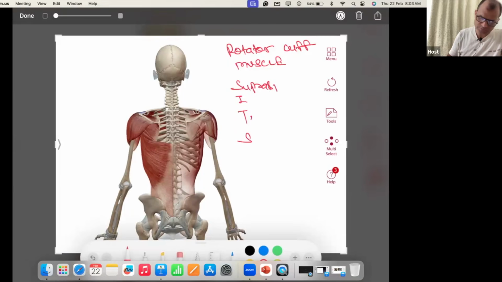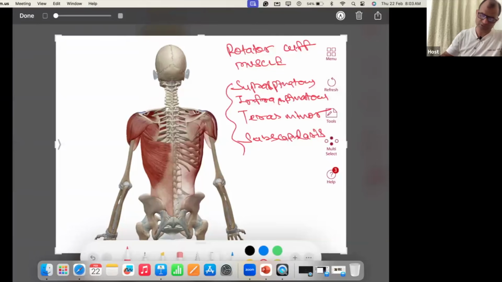Supraspinatus, infraspinatus, teres minor and subscapularis. ये पहली चार मसल, ये चार मसल को मिला के कहते हैं रोटेटर कफ मसल. They provide stability. Other than these there are more muscles I will discuss now. These four muscles together are called SITS.